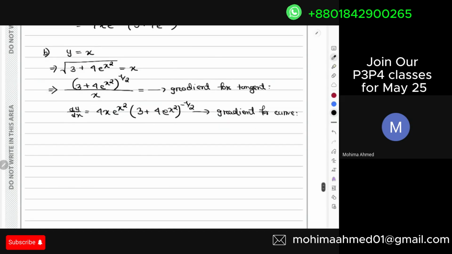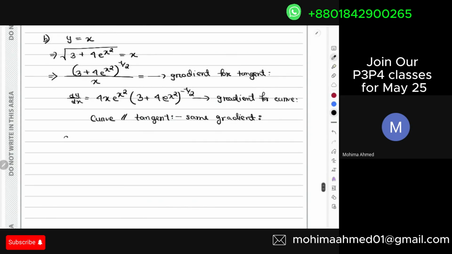If this is the case, then I can consider them as equal, because the gradients of the tangent and the curve are always parallel to each other and have the same gradient. So I can write that the curve is parallel to the tangent, so same gradient.